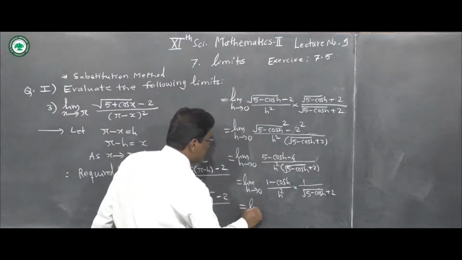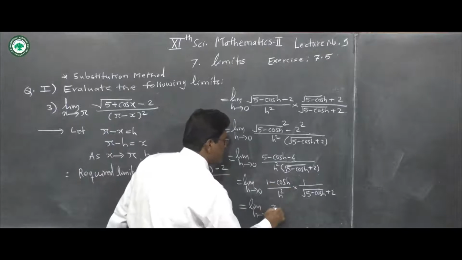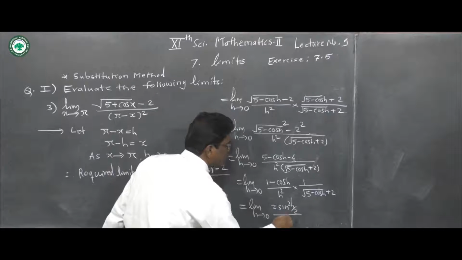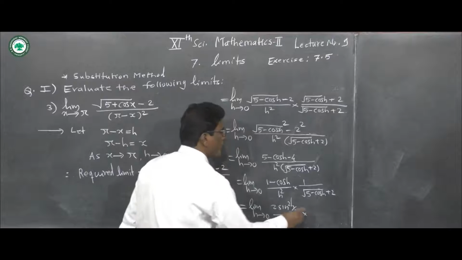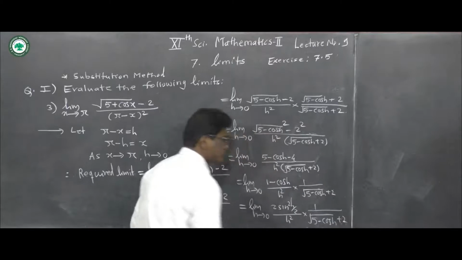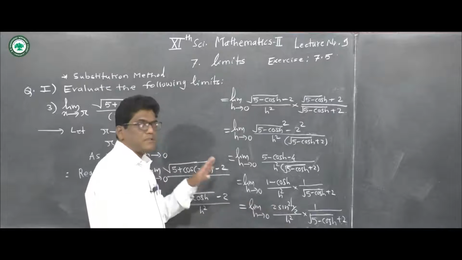So it is equal to limit as h tends to 0, that 1 minus cos h is 2 times sin square h by 2, divided by h square, into 1 upon under root of 5 minus cos h plus 2. Now we take this 2 outside the limit.